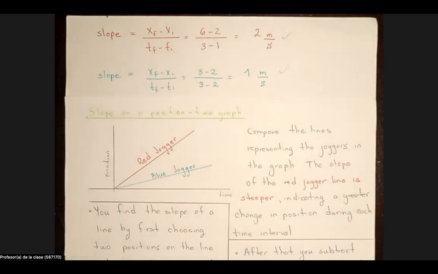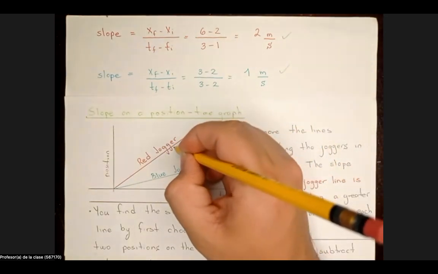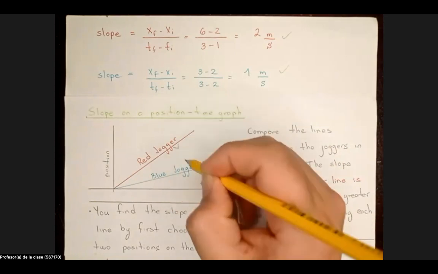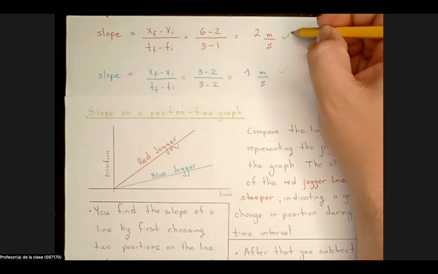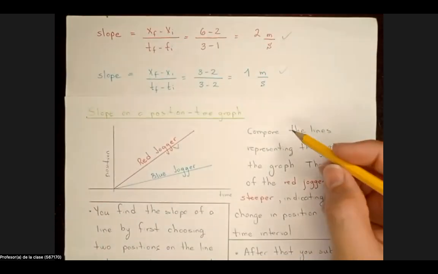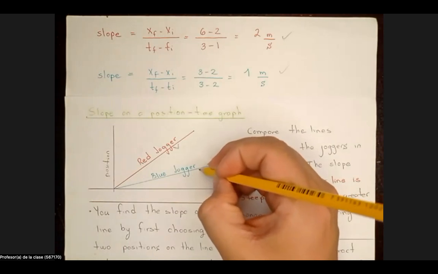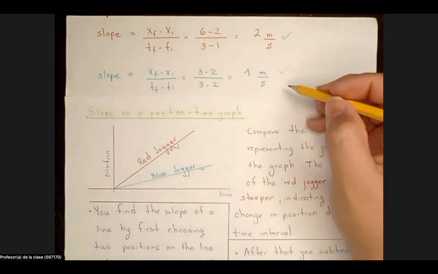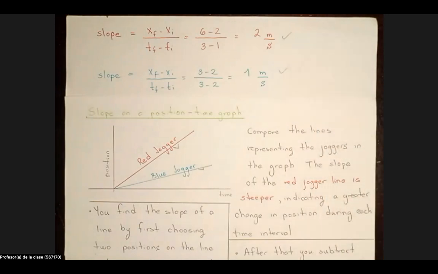So there is a relationship between the slope of the red straight line and the number 2 meters per second, that is the slope, and the blue jogger straight line with the slope here with the number 1 that we already calculated, okay?